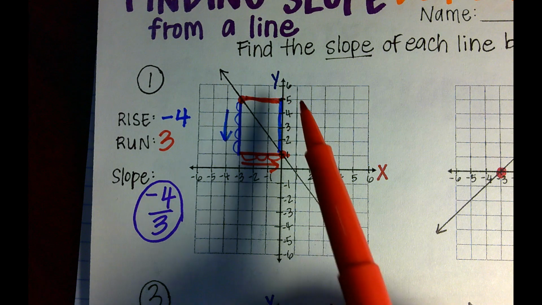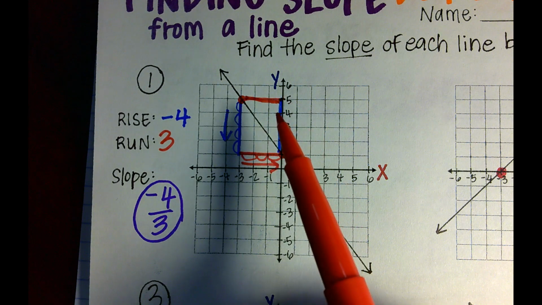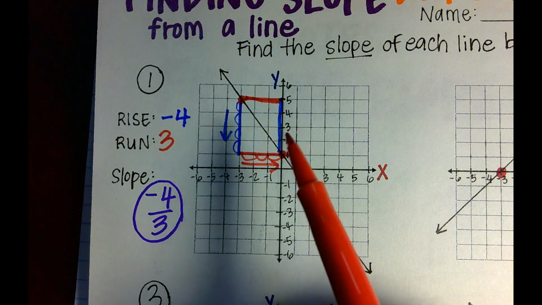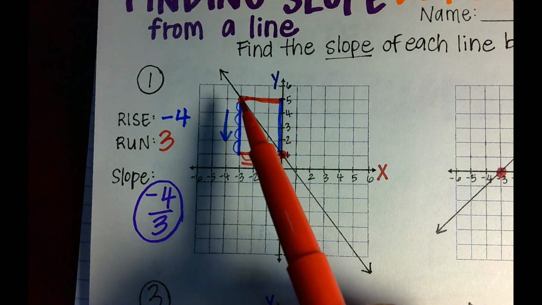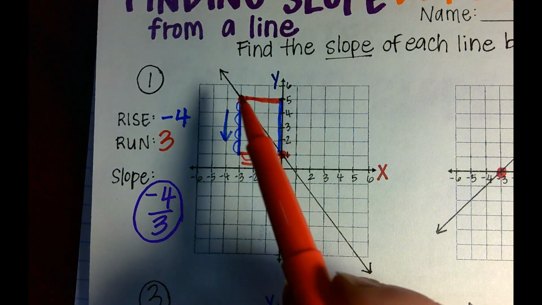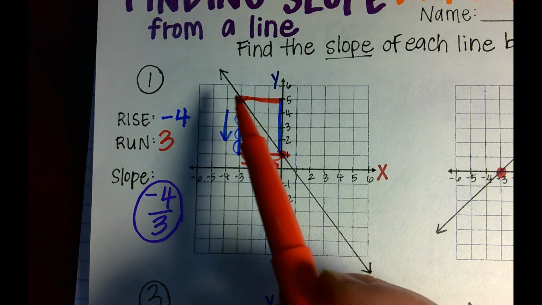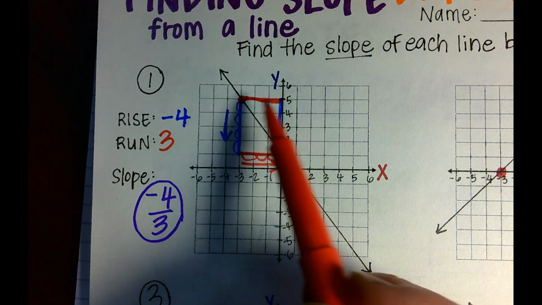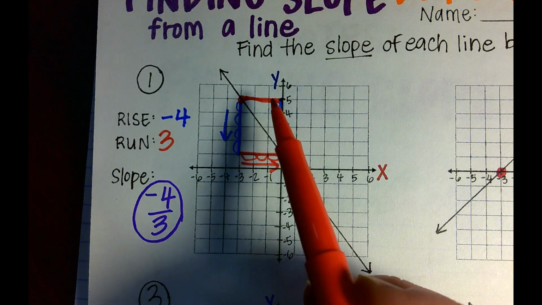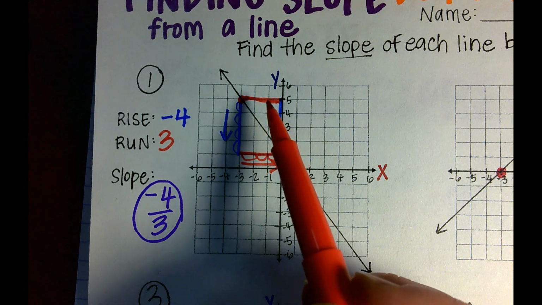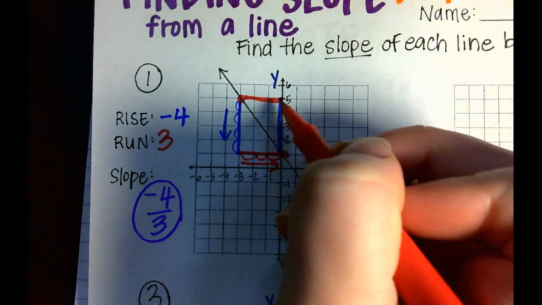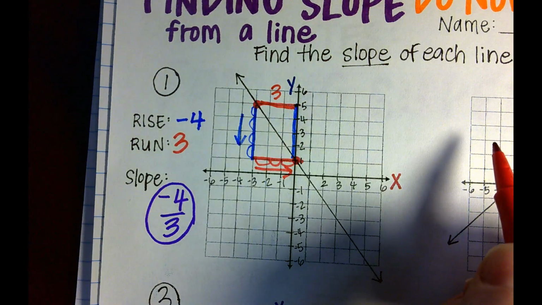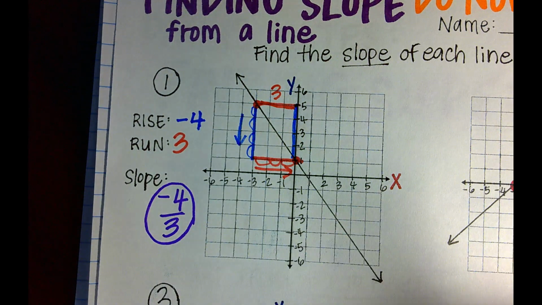I do want to show you guys that this does still work. This is a right way to do it. Even though we normally do our rise first, as long as you're able to recognize that since I'm moving left to right, the first line I drew here is a run instead of a rise, you can still do that. I went over 3, so that's my run since I went to the right. I just found my run first.